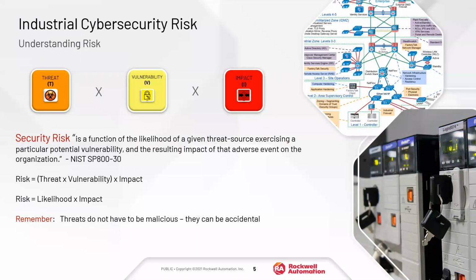So I wanted to start really by looking at our overall industrial cybersecurity risk and understanding the risk, understanding what makes up a threat, a vulnerability, and potentially an impact. You can see on the slide, security risk is the likelihood of a threat against a specific vulnerability, which results in an adverse consequence or impact.